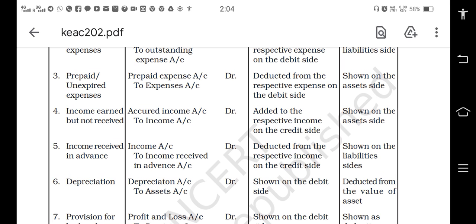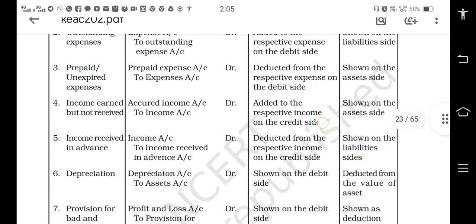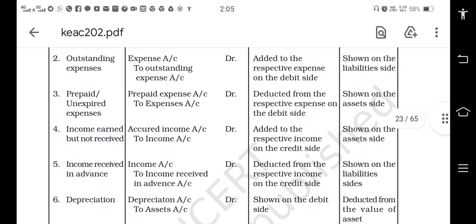So the asset side of the balance sheet we have to show this amount, because we already paid some amount of expense in advance. Advertisement expense for the coming 1 year, we already paid, means it is an asset of the firm that should be shown on the asset side of the balance sheet. And moreover, this amount must be deducted from the respective expense on the debit side of the P&L account.